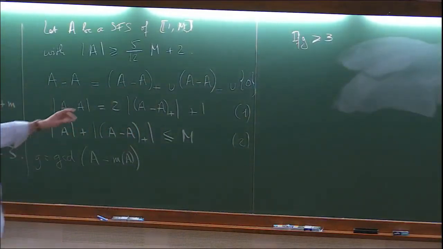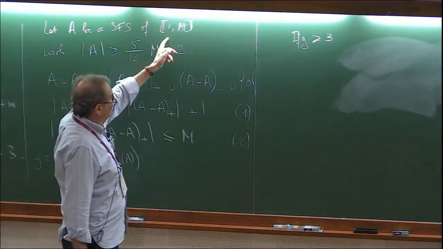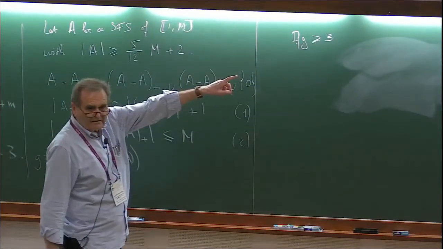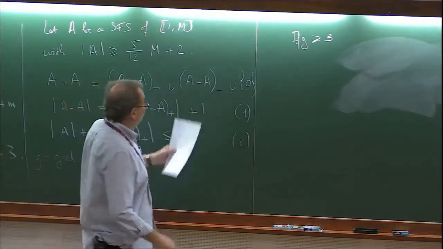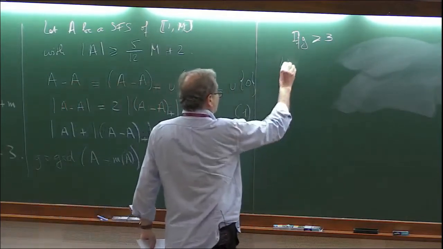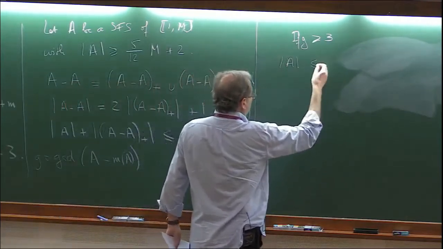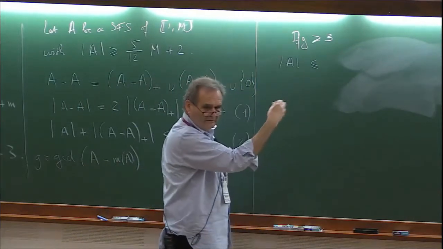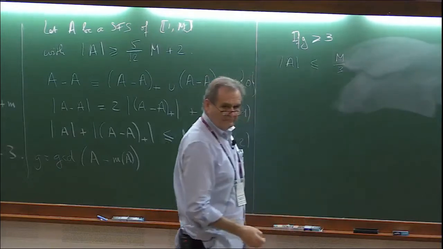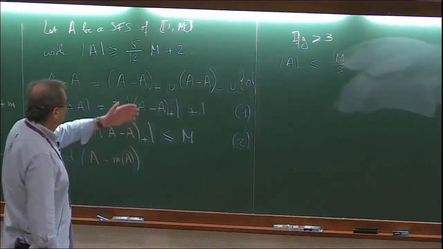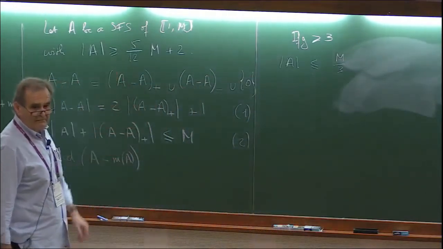Well, you have elements in the set 1 to m which are in an arithmetic progression of difference 3. Then you have that the cardinality of A is less than, forget about the big O of 1, at most m over 3. And if it is at most m over 3, it cannot be this amount.